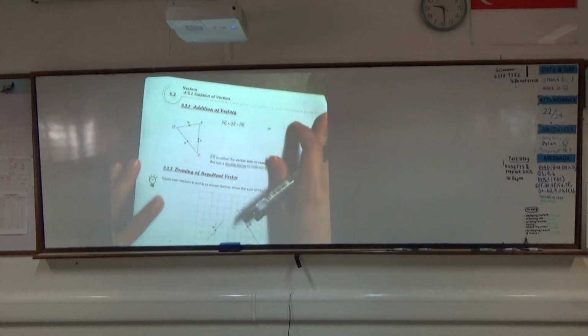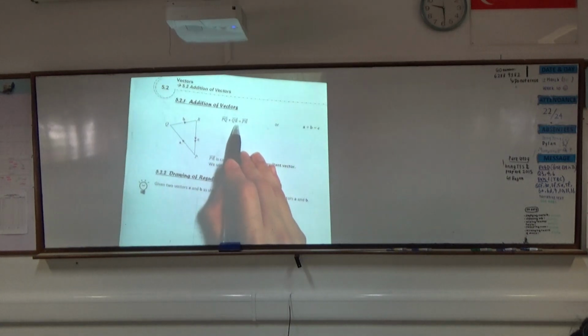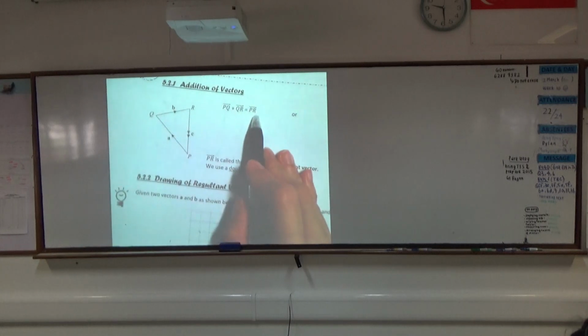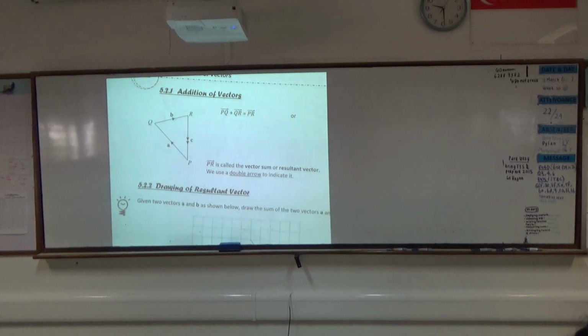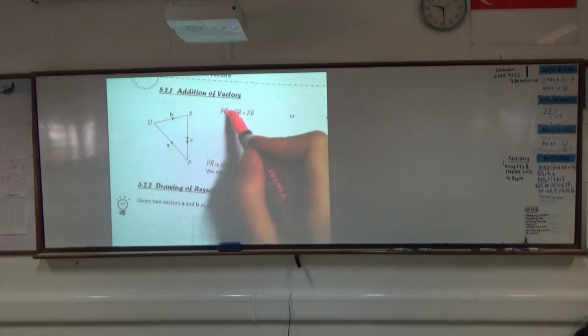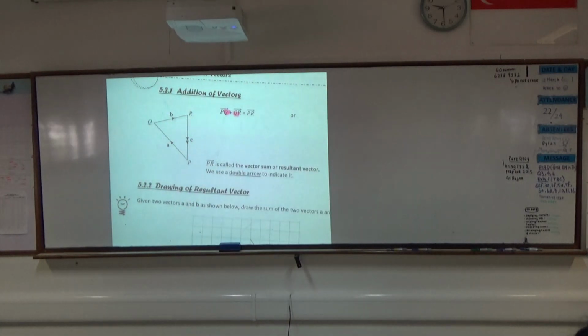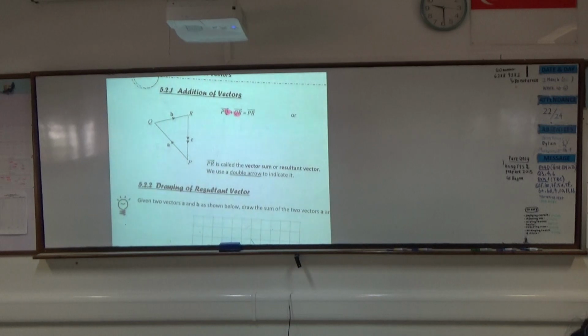So in this case, if I have the vector PQ and I want to add it to the vector QR, it is going to create another new vector called PR. So we have to ensure that these 2 points over here are equal. Then we can have a resultant vector of PR.